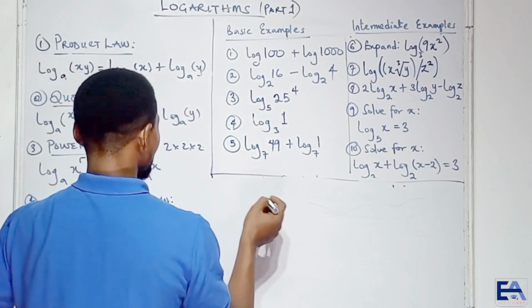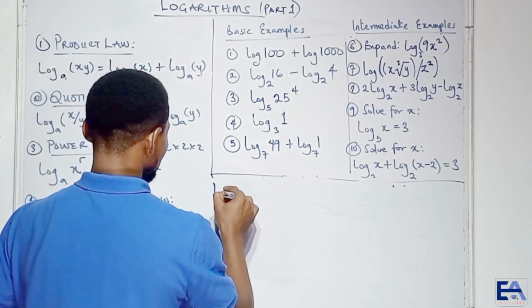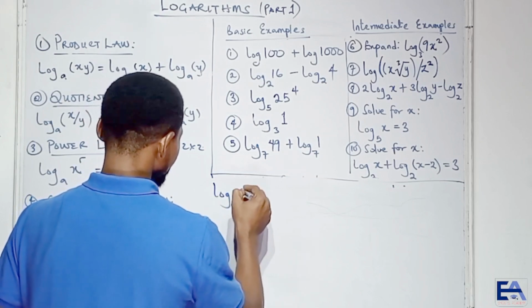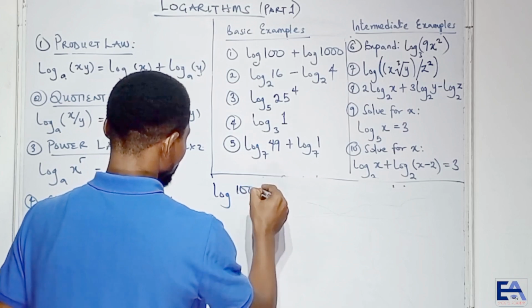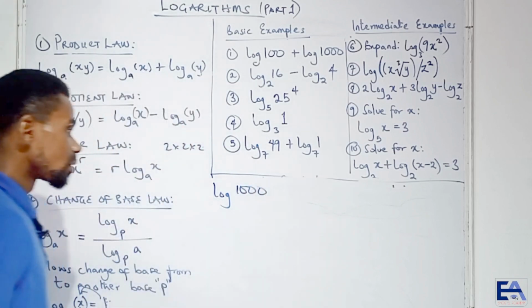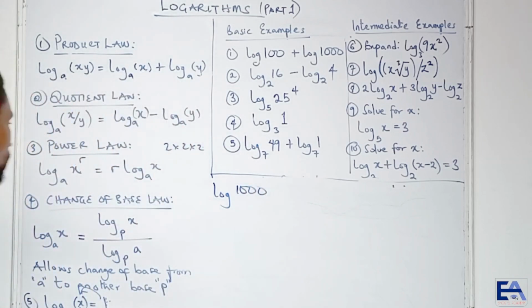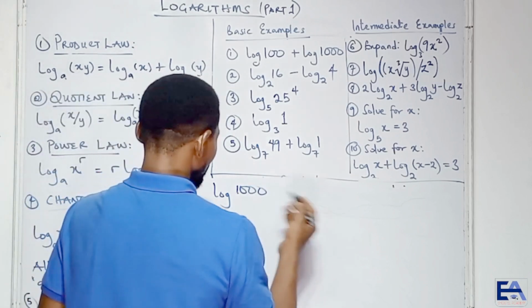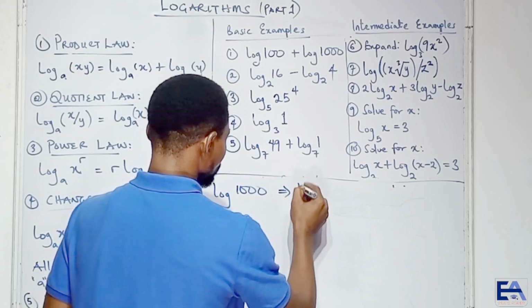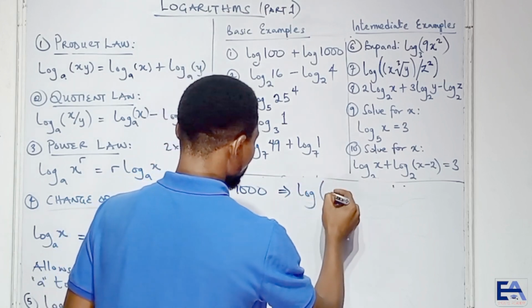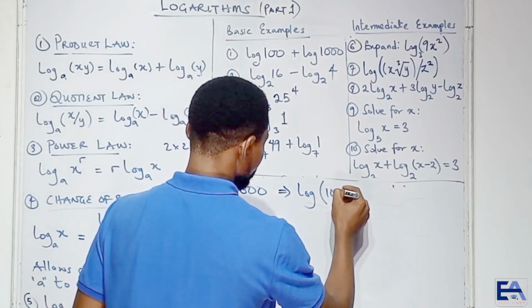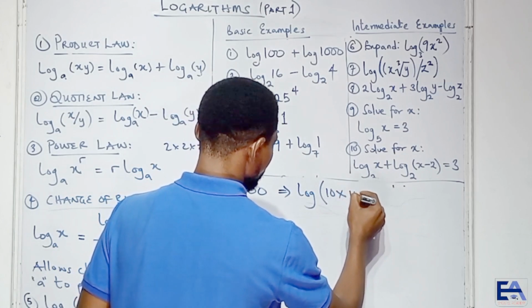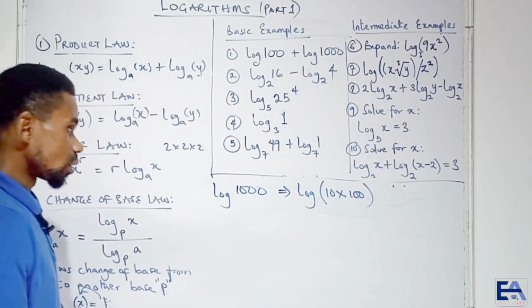Which means that if you have something like, for instance, log 1000, log 1000 can be further broken down into log 10 times 100. Just an example.